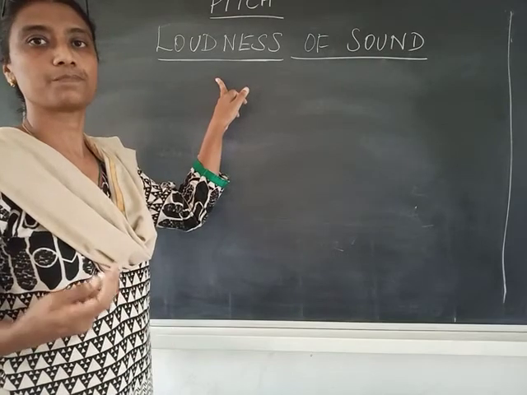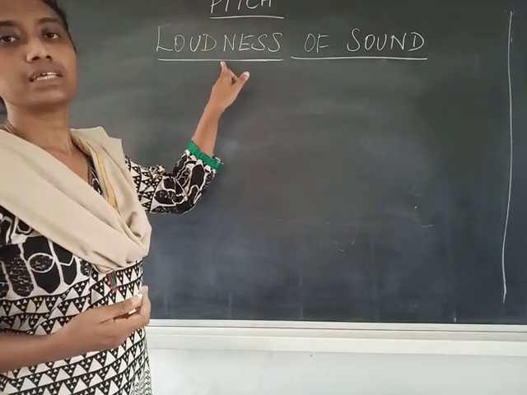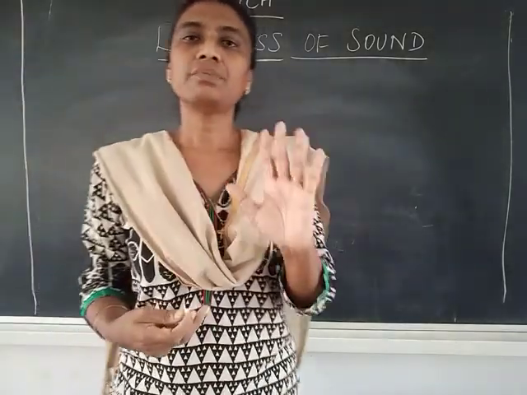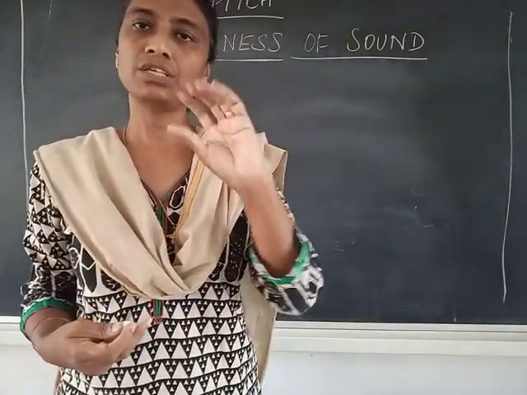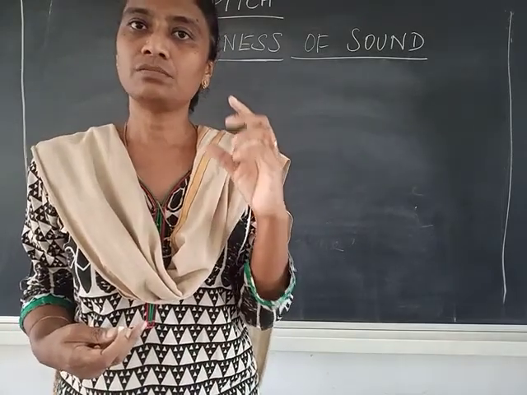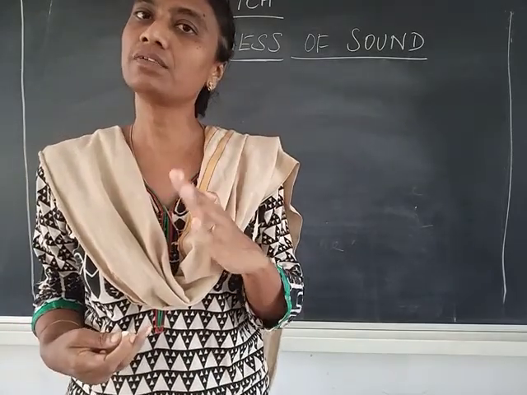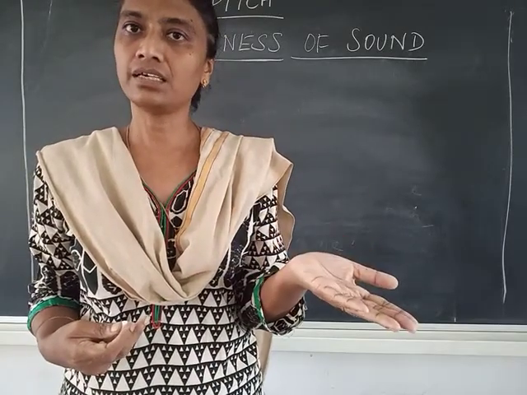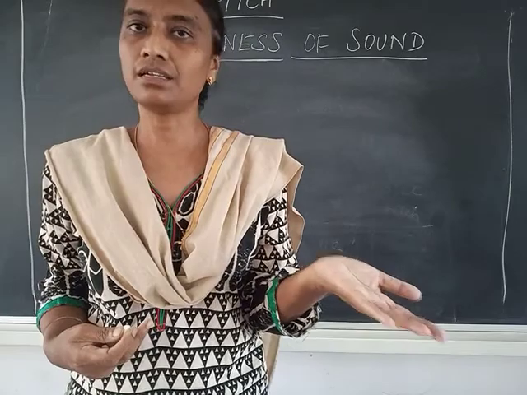Whenever a sound is produced, we can talk about its loudness. Simple example: when you're hearing through your mobile, if you keep your volume low, you hear a very mild sound. If you keep your volume high, then it is going to be a louder sound.